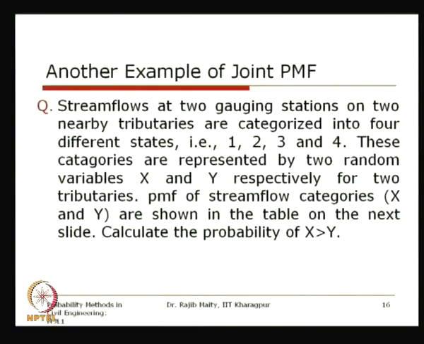Now if we take another problem on the stream flow categories, just to give a little background, sometimes we are interested to know the behavior of the stream flow of a new river stretch where the data was not that reliable, but the data from an adjoining river gauging site is available to us.